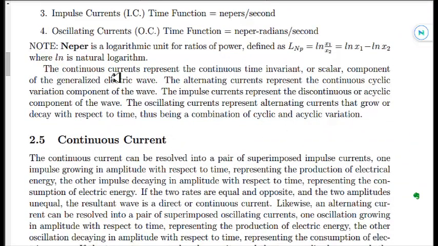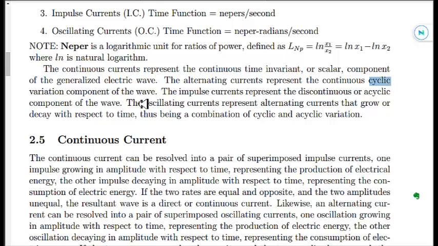The continuous currents represent the continuous time invariant or scalar component of the generalized electric wave. The alternating current represents the continuous but cyclic variation component of the wave. The impulse currents represent the discontinuous or acyclic component of the wave.